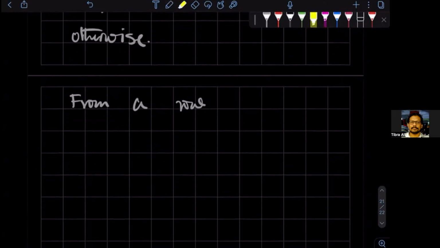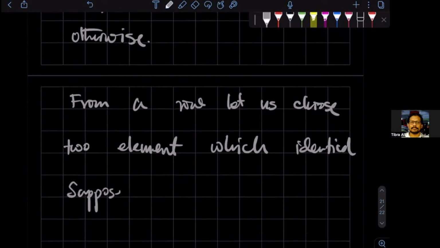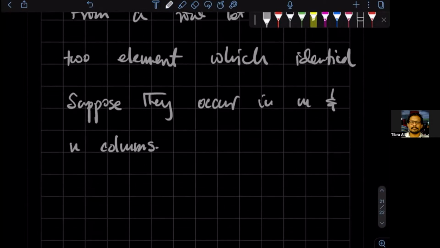So from the A row, let us choose two elements which are supposed to be identical, and suppose that they occur in the M and N columns. Then those elements are AM and AN by definition, right?